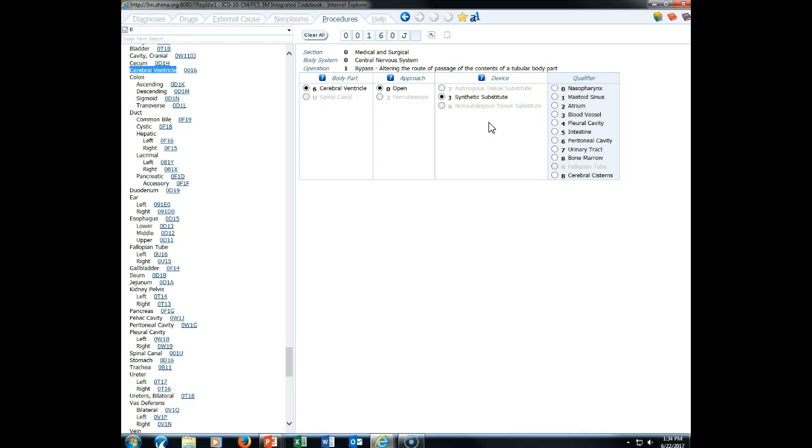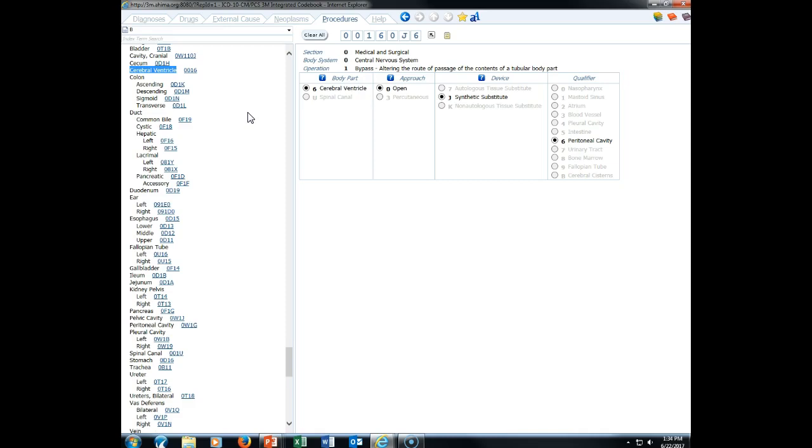And the bypass to is going to be the peritoneal cavity. So we went from the cerebral ventricle, ventriculoperitoneal, and we went to the peritoneal cavity. So that is how we got to that code. Again, I think this is a note card opportunity.